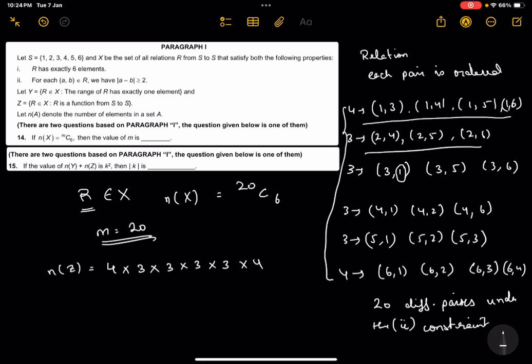So we'll choose 6 different relations, and in those relations the second element of the pair should be common. If we choose the second element to be 6, then we can have this pair, this pair, this pair, and this pair.